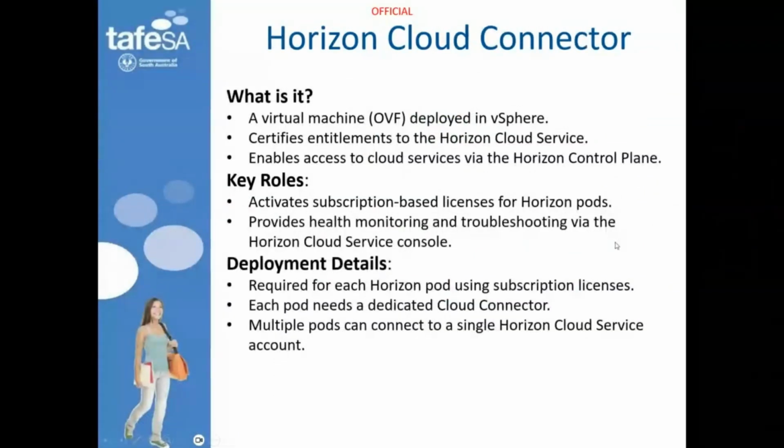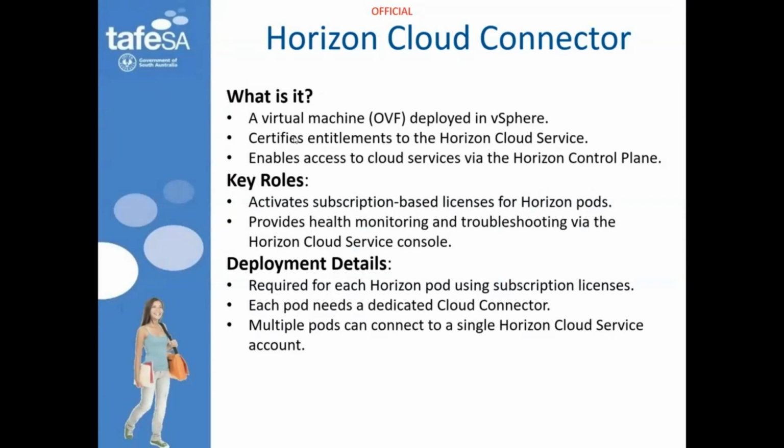So the Horizon Cloud Connector, what is it? It's a virtual machine, OVF, so Open Virtualization Format, deployed in vSphere. It certifies entitlements to the Horizon Cloud Service, basically saying, yes, this guy is definitely entitled to this. It's sort of like stamps, to say yes, I agree, or yes, I have checked him out.